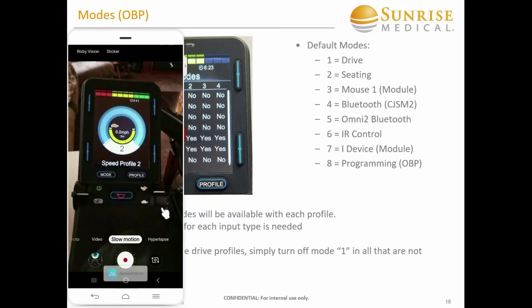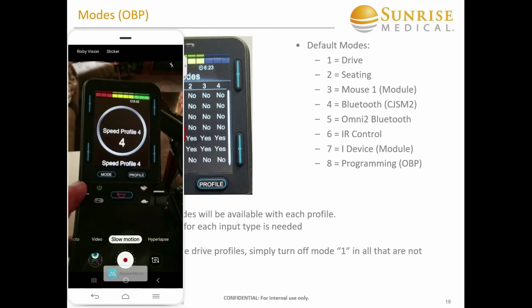Now currently it says no in all of these other modes within these profiles. If I go to my mode profile, you can see it right here at the bottom of my screen. It says P and mode, that's profile and mode. When I press this, it goes to profile 3, profile 4, profile 5.